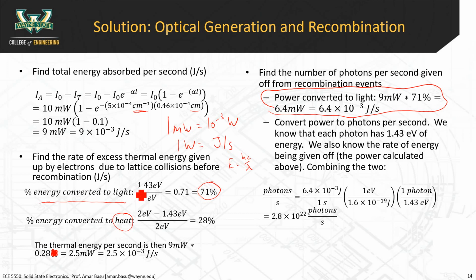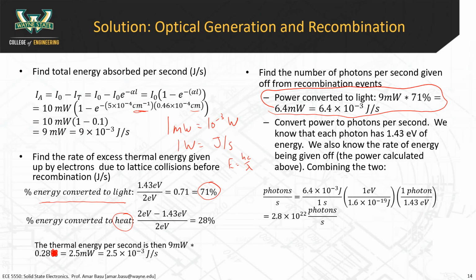You figure out the ratio of the band gap divided by the energy absorbed by the electron, according to that model that we just drew. And so that's 71%, or 6.4 times 10 to the negative 3 joules per second.